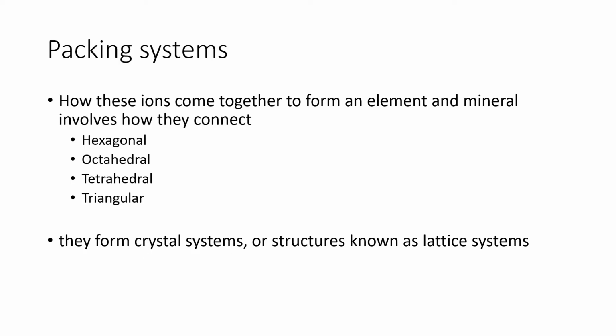So ions come together, they form an element in a mineral, and it involves how they connect. So you have a hexagonal structure, an octahedral structure, a tetrahedral structure, and a triangular structure. And these are their crystal systems or lattice systems. Lattice systems are the same for specific minerals.